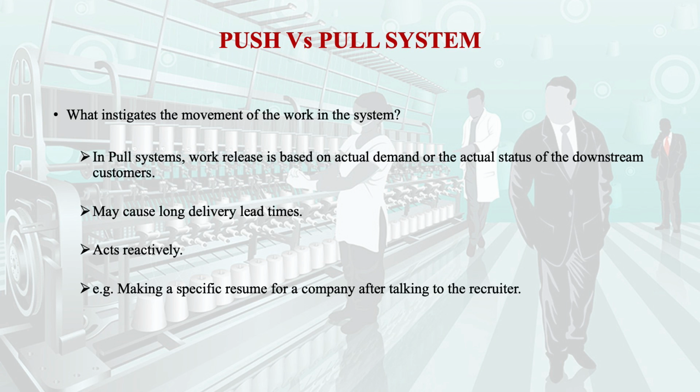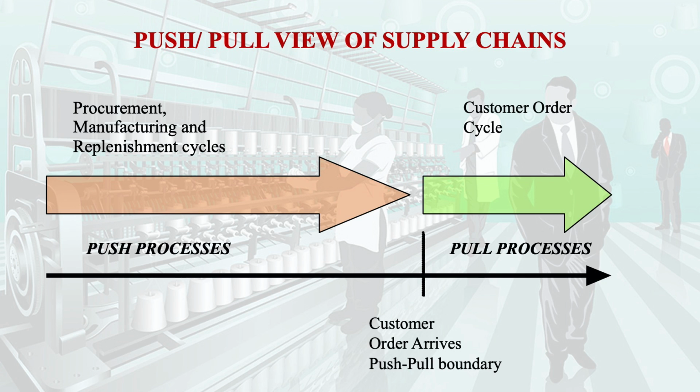That means making a specific resume for a company after talking to the recruiter. This will give you an exact picture about the push-pull view of the chain. On the left side in a red color you have a push system, and in green color it is a pull system.